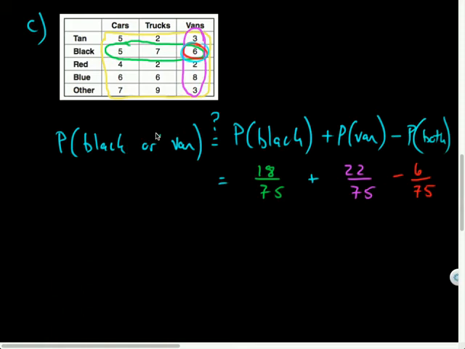I was looking for an or situation, not a simultaneous situation. So this is going to equal, let's see, 18, what's that, 36? 75ths, 18 plus 22 is 40, minus 6, nope, 34. All right, you guys checking my math here? And let's see, is that divisible by 3? No. 5? No. 2? No. I don't think that reduces.